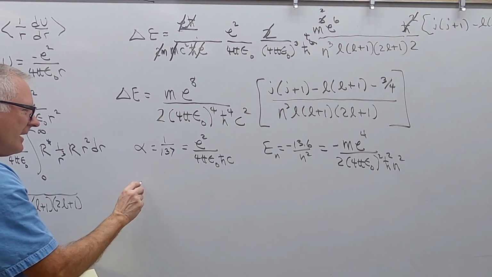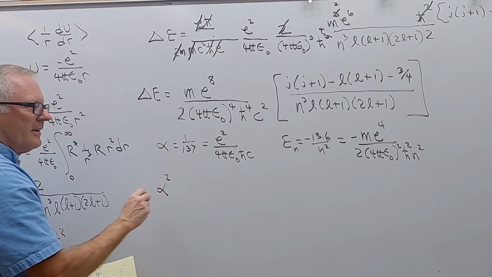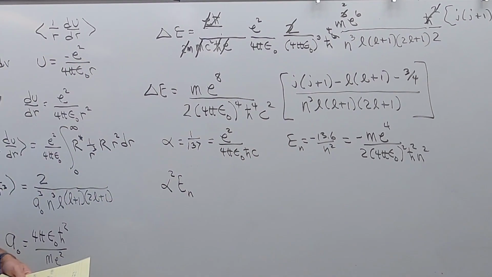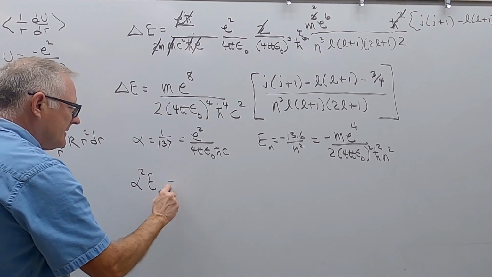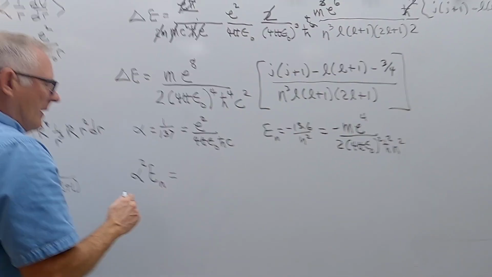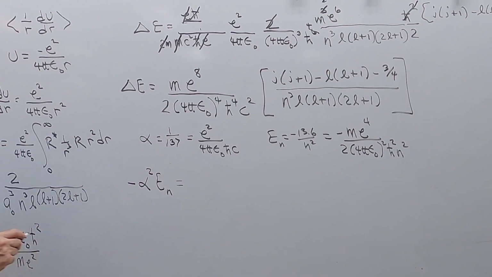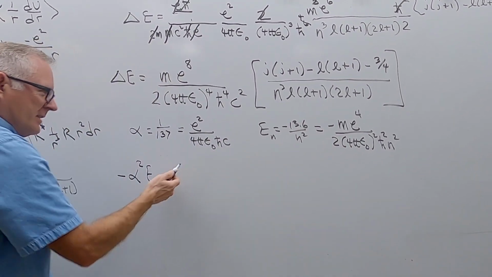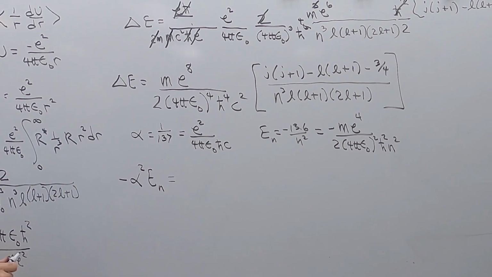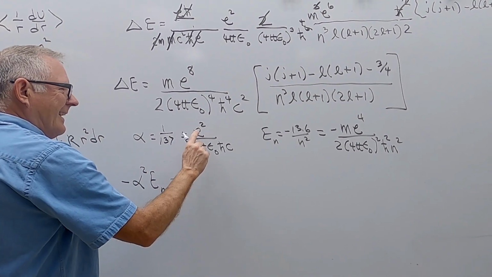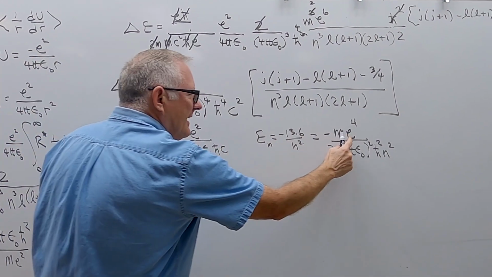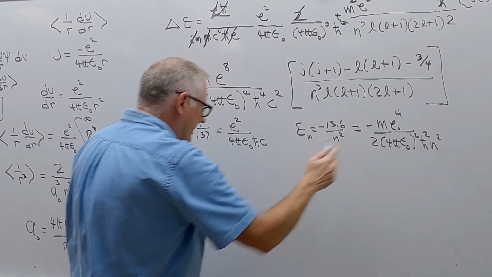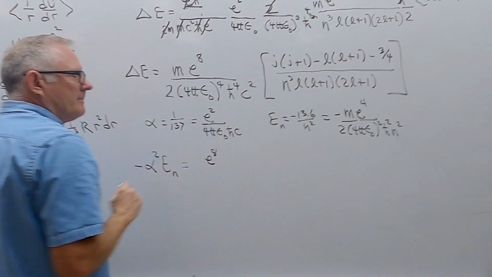Suppose I were to say, what is alpha squared times E sub n? What if I squared this and multiplied it by that? What would that give me? Let's say, what is minus this times this? When I multiply that, the minus will be positive over on that side. But we get e squared times e squared squared, that's e to the fourth, times another e to the fourth, that's e to the eighth.